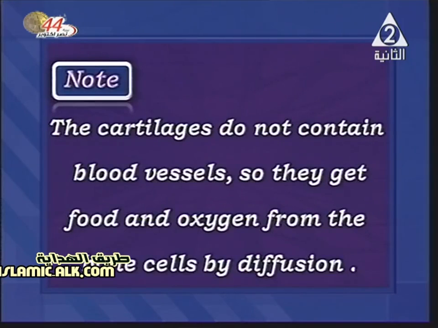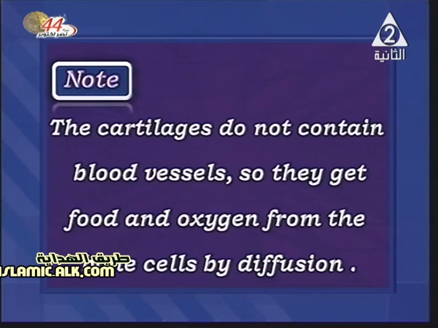Again, let me summarize the cartilage. It is a type of connective tissue consisting of cartilaginous cells. Its function is to protect the bone from continuous friction during movement, and also to form some body parts.